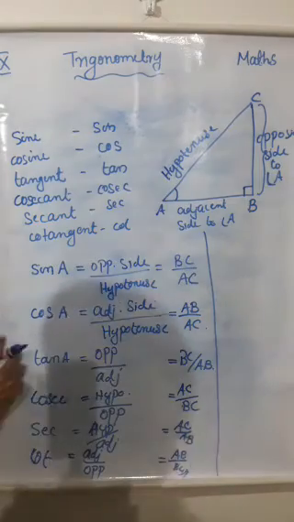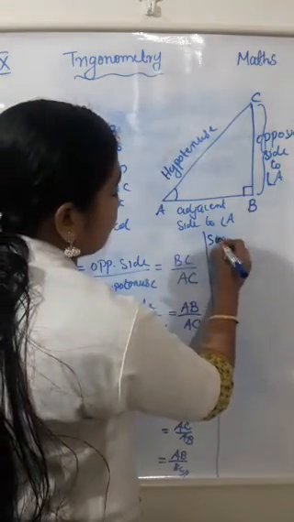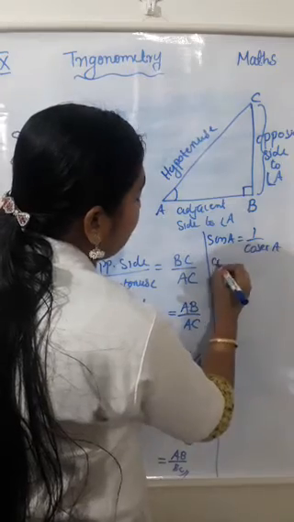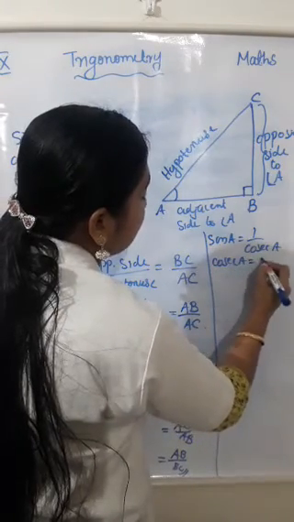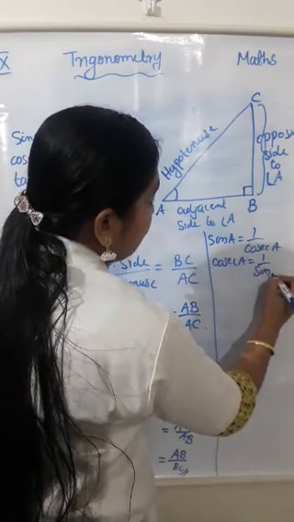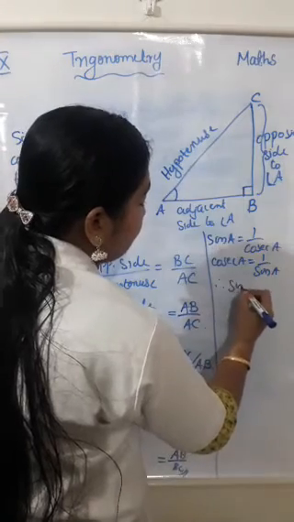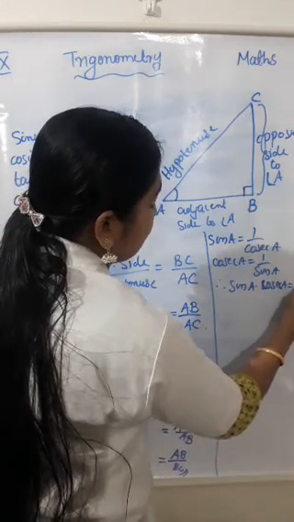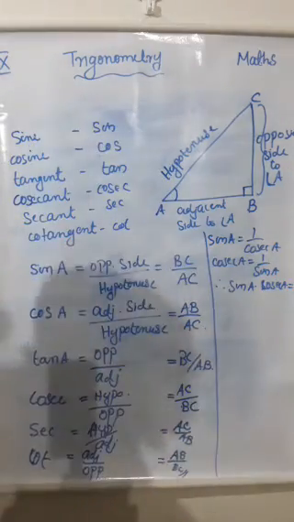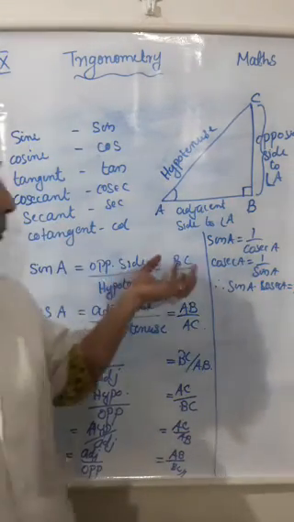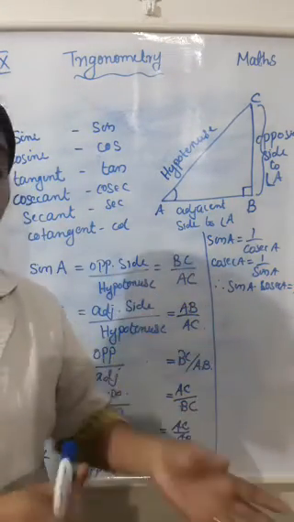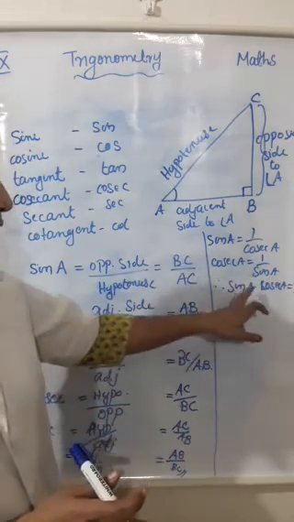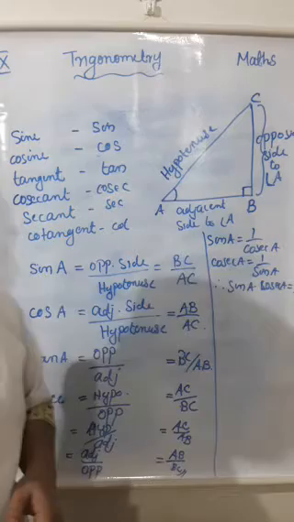So we can write sin A is equal to 1 by cosec A. Similarly cosec A is equal to 1 by sin A. Therefore sin A into cosec A is equal to 1. ഒരു നമ്പറും അതിന്റെ റെസിപ്രോക്കലും എടുത്ത് മൾട്ടിപ്ലൈ ചെയ്താൽ നമുക്ക് എന്താണ് കിട്ടുക? 1 ആണ്. അപ്പോൾ സിമിലർലി sin A into cosec A is equal to 1.